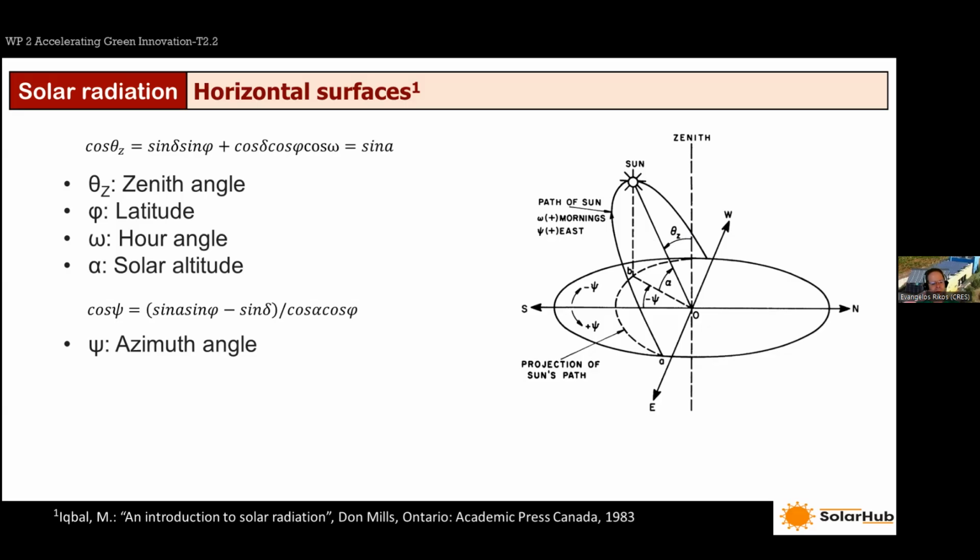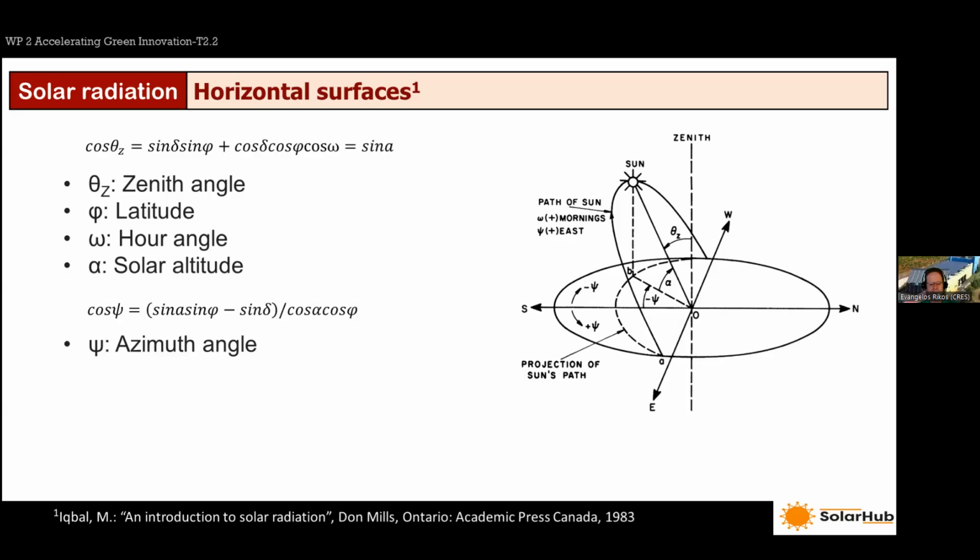So in order to calculate the hour angle, one has to have the exact hour time. And there is also the azimuth angle. The azimuth angle is the deviation of the sun's projection with reference to the north-south axis. This is very useful for us in order to know where exactly the sun is in the sky, and to know how to best place our photovoltaic modules.